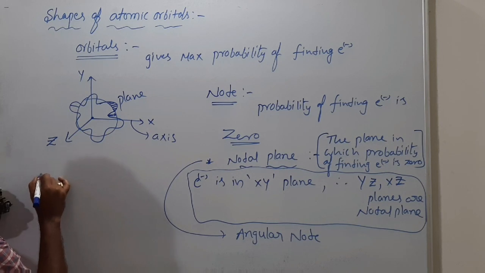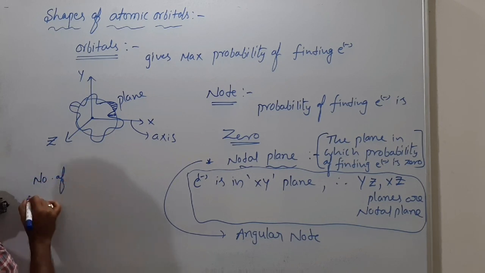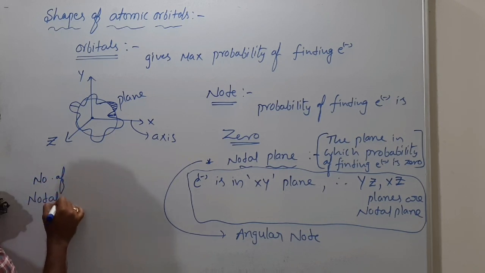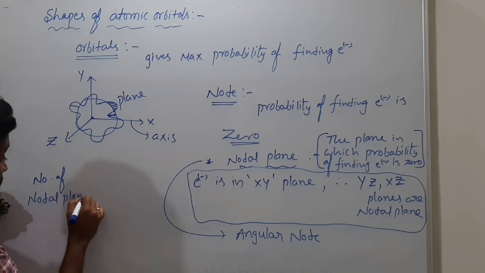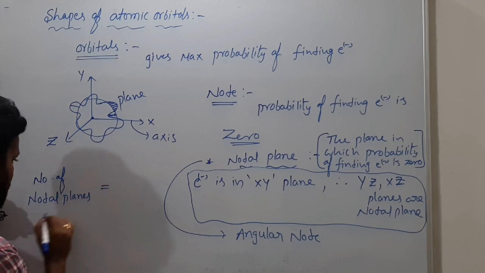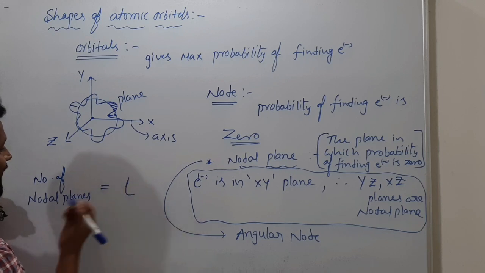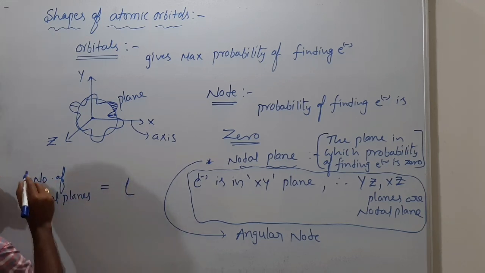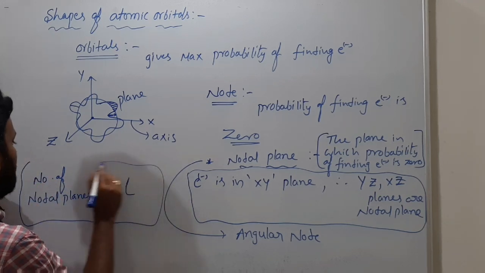So this is about a nodal plane, and this is also called angular node. And one more thing: the number of nodal planes for any particular orbital is equal to l, small l.